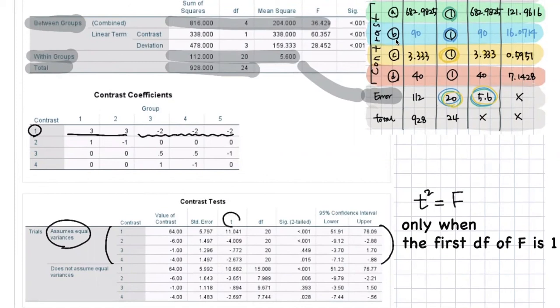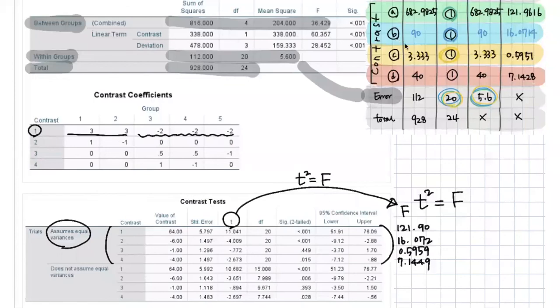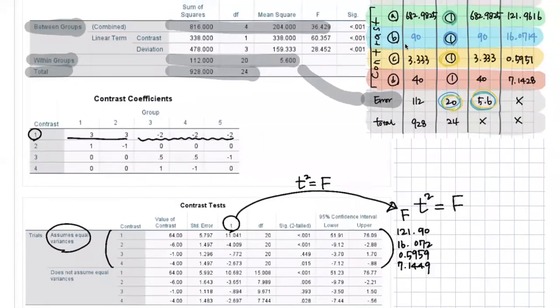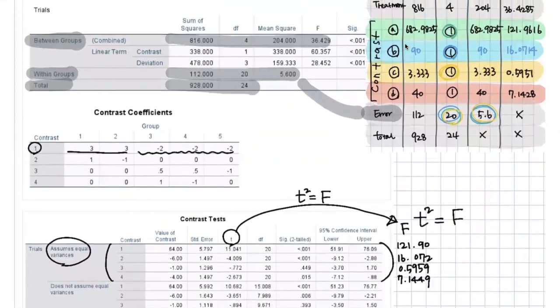Because we have only the t value here, we need to square it to compare to our result. So I compared t squared, which is F: 121.90, and my result is 121.96.